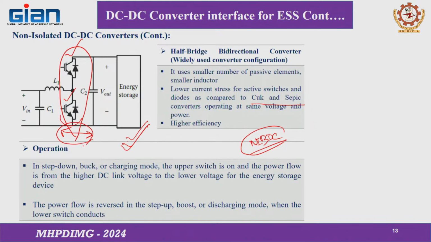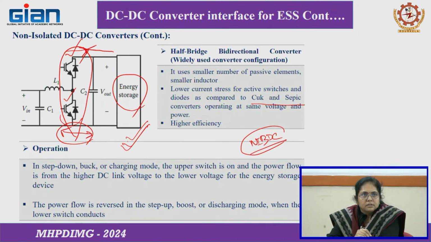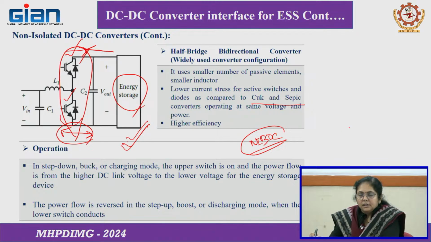That means when there is excess generation, the battery charges, meaning it takes energy, and when there is a deficit in generation, the energy storage delivers. Based on that, it operates either in boost mode or buck mode, so this converter is also called a bidirectional buck-boost converter.